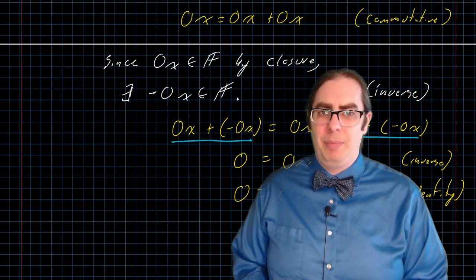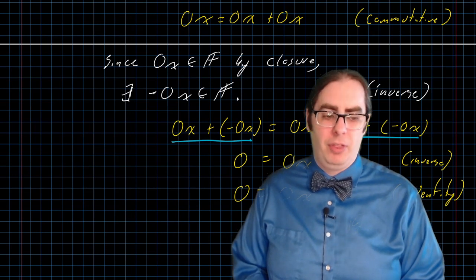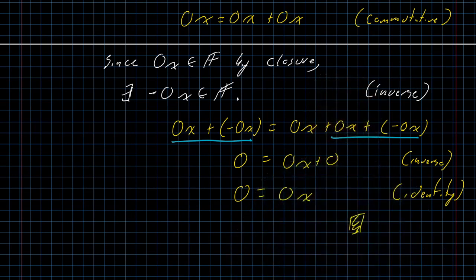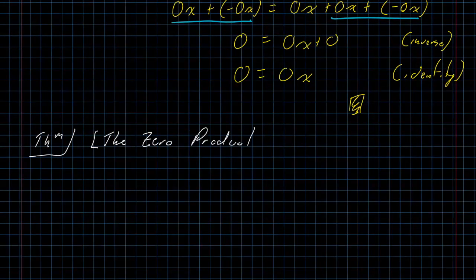And again, something that you've used very frequently in your mathematical career up to now and may or may not have thought of. That thing is the zero product rule. Right? Whether or not you know it by name, I am certain that you know what this is.